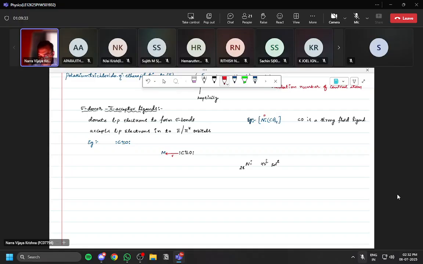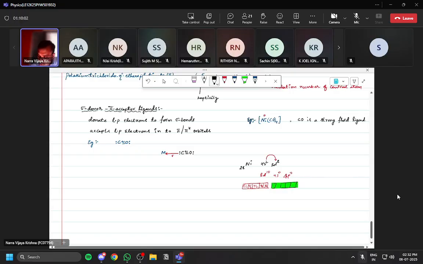And strong field ligand, na? So these two electrons also come here and get paired up. Then what happens to configuration? 3d10, 4s0, 4p0. So what will be the hybridization? sp3 hybridized.